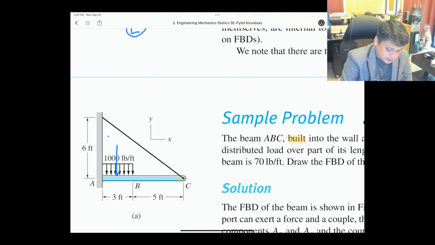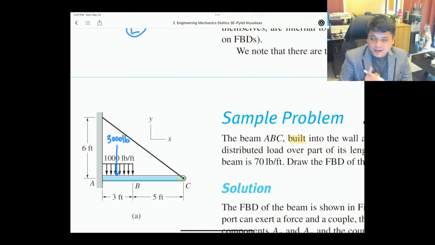So you have 3,000 pounds. It acts at the center since it is a rectangle, so you have 1.5 feet.